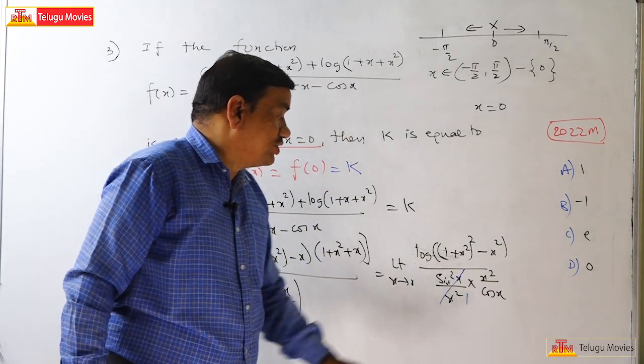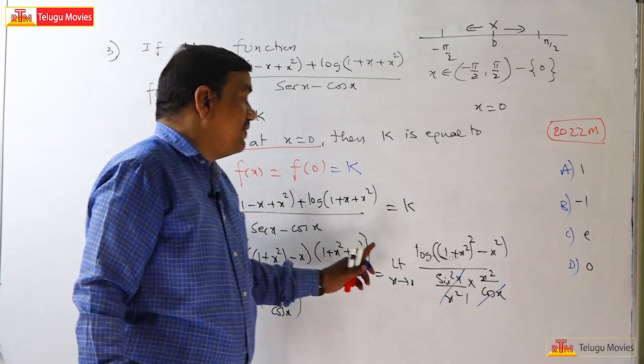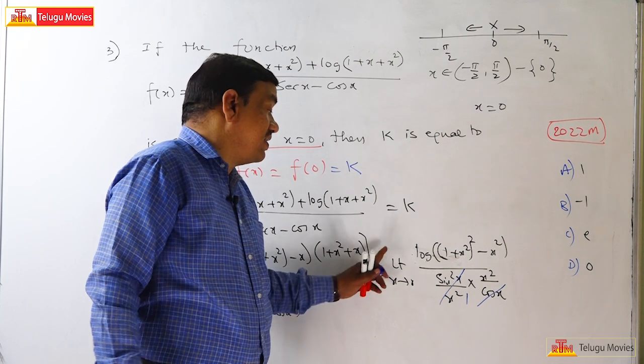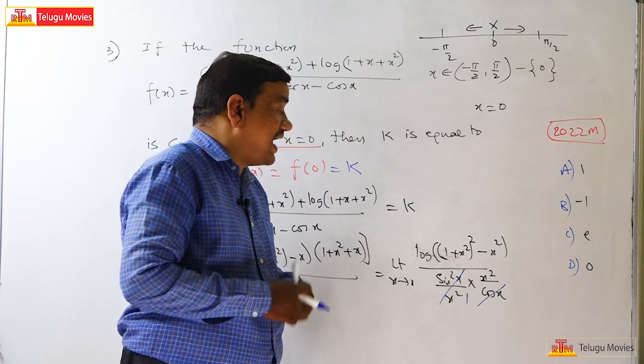As x tends to 0, cos 0 is also 1, that will be cancelled. So ultimately what remains is limit x tends to 0 of log of 1 plus x square whole square minus x square, divided by x square.